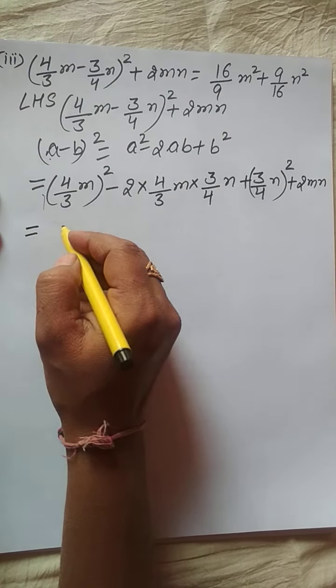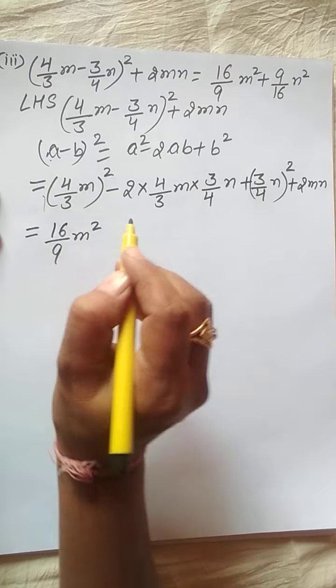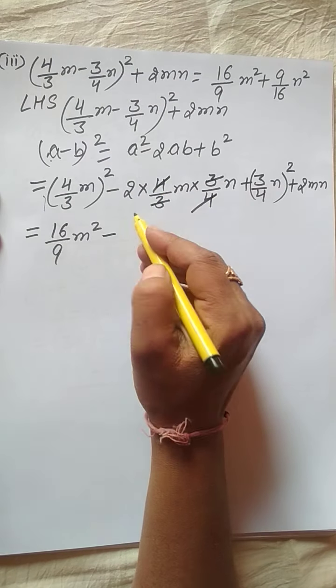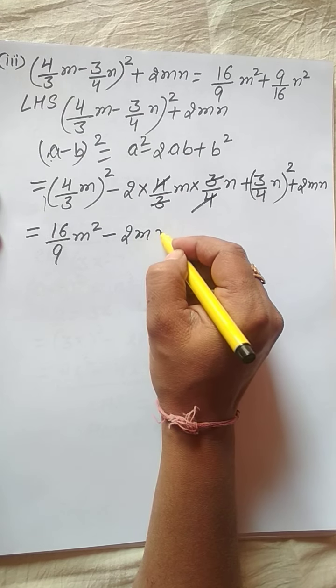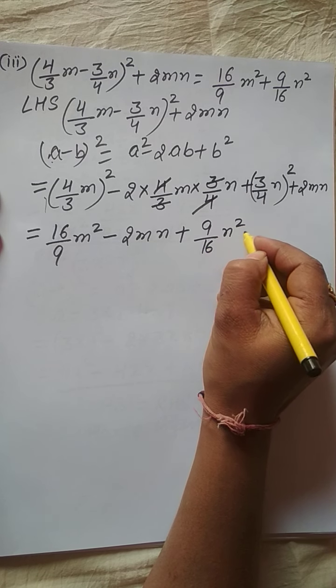Now (4/3 m)² is 16/9 m² minus, 3 and 3 cancel, 4 and 4 cancel, so this is 2mn − 2mn + 9/16 n² + 2mn.